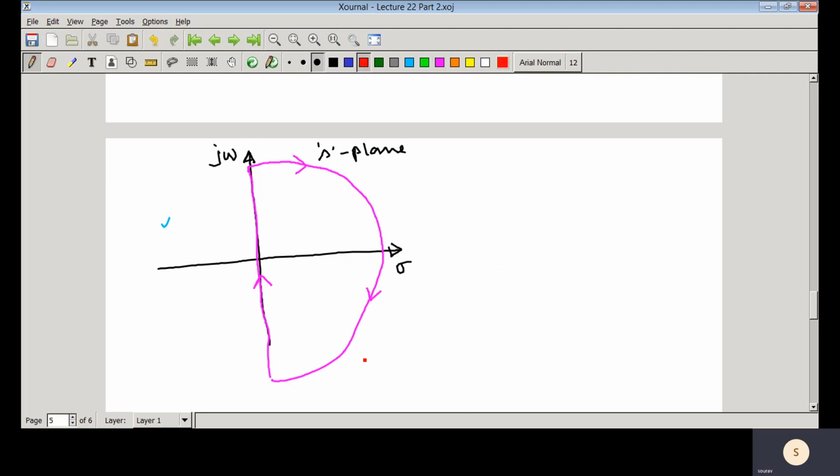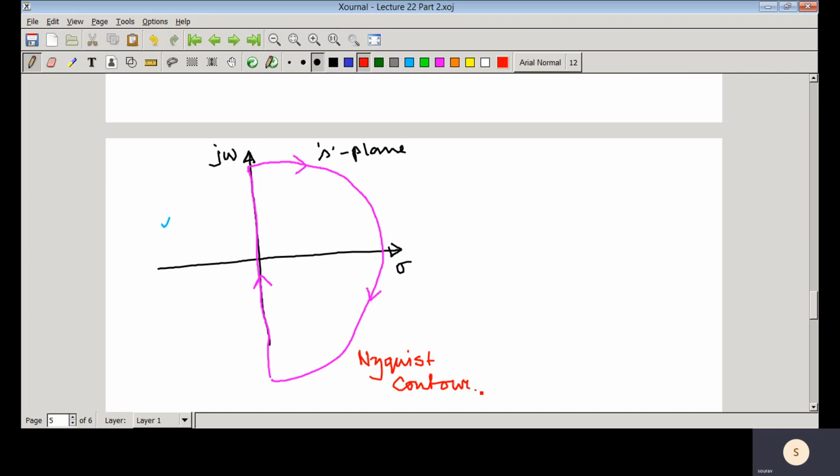This is called the Nyquist contour that encircles the whole closed right half of the S plane. And this is very important: the Nyquist contour should not pass through any poles and zeros of that function.